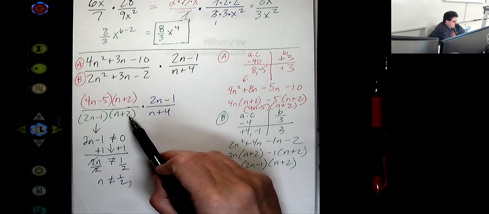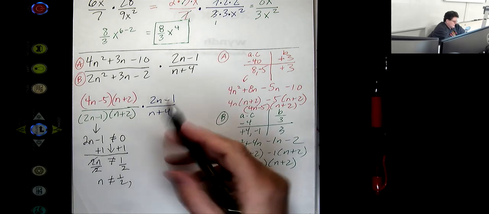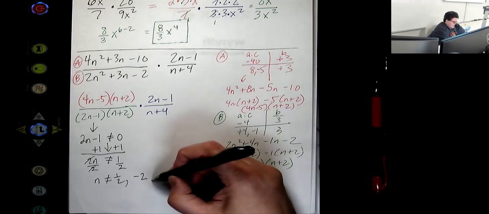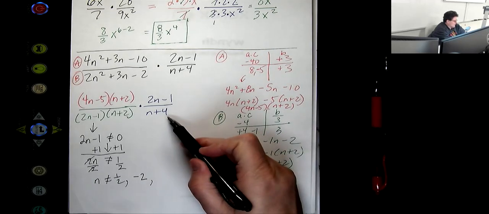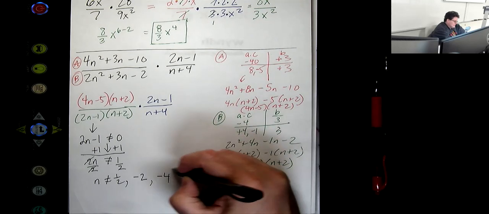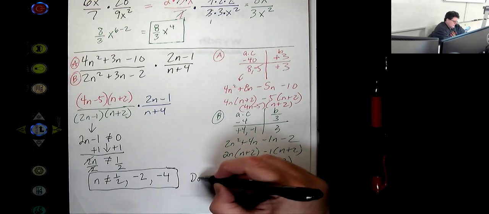If I want this to not equal 0, I should just use the opposite of this number right here. So -2 is the opposite of 2. We don't want -2. And -4 would cancel out a +4 and make it 0 also. So we don't want -4 also. Those are some restrictions called domain restrictions.